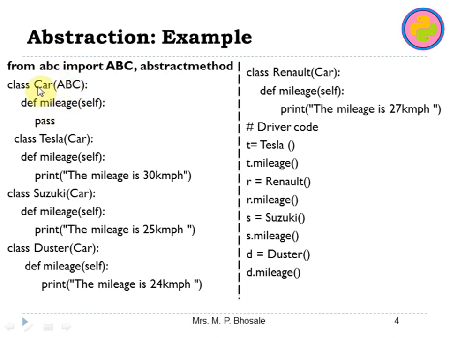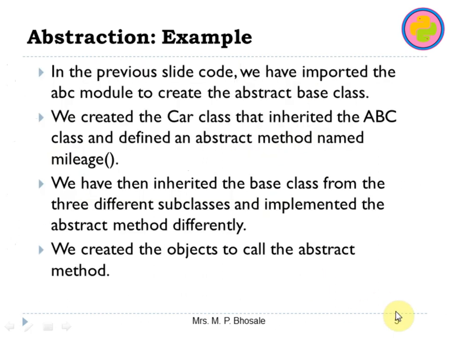So for this Car class, which is the parent class of Tesla, Suzuki and Duster, all these classes are implementing the mileage abstract method inside the subclasses. Whenever we create the object of a particular subclass, we can call the method and we'll get the output.